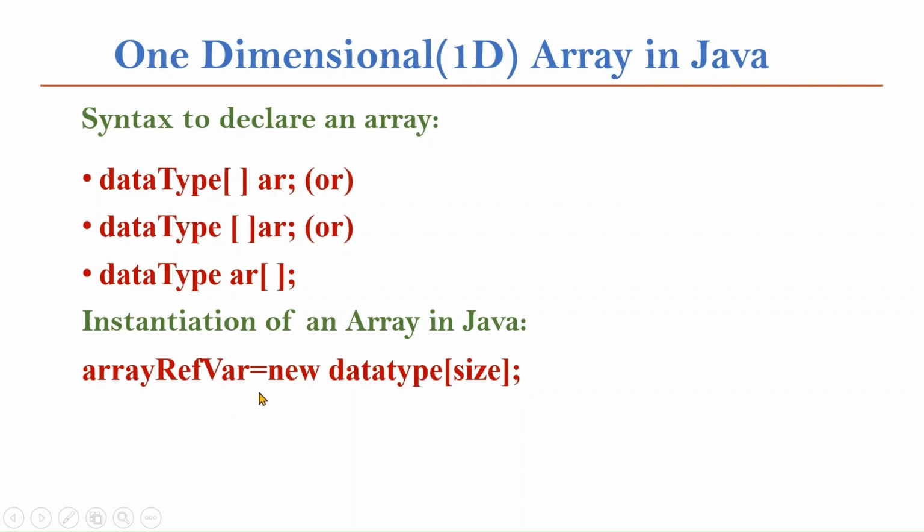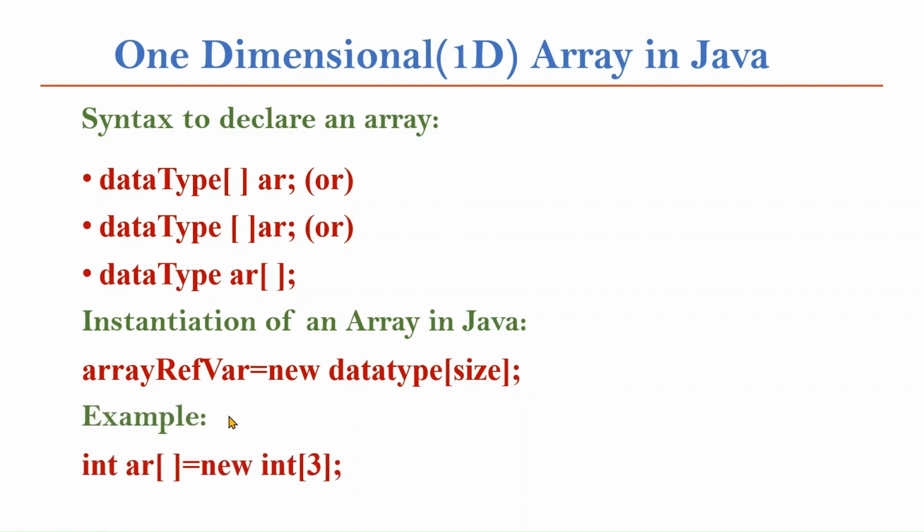So you write here equal to, that is the assignment operator, new for dynamic memory allocation, and again the same data type you need to write. Suppose if you write integer here, you need to write integer here. If you write float here, you need to write float here. Now the size is nothing but how many elements you want to store into the array, like 2 or 3 or 10 or 100.